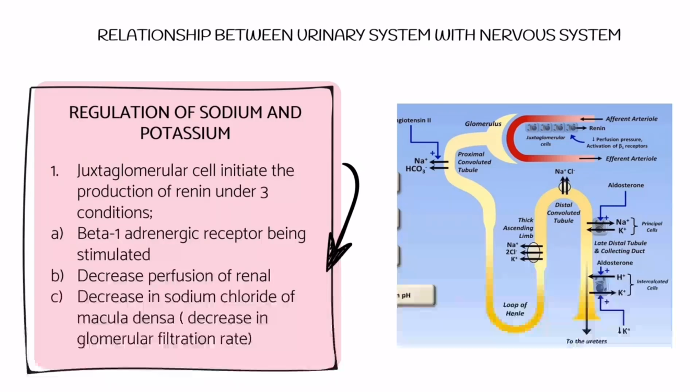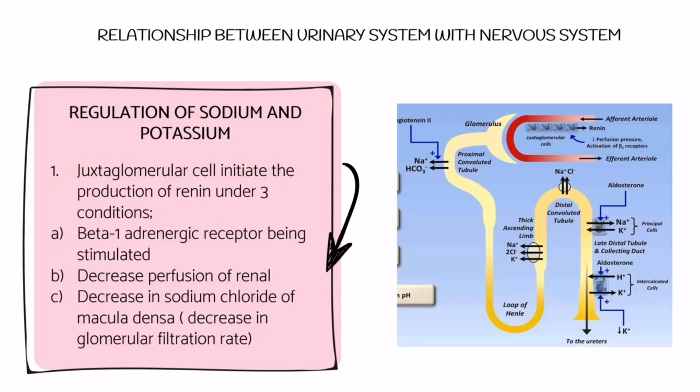The hormone produced by these cells is renin. The production of renin is stimulated when the beta-1 adrenergic receptor gets stimulated. This condition occurs when the body takes excessive cocaine.